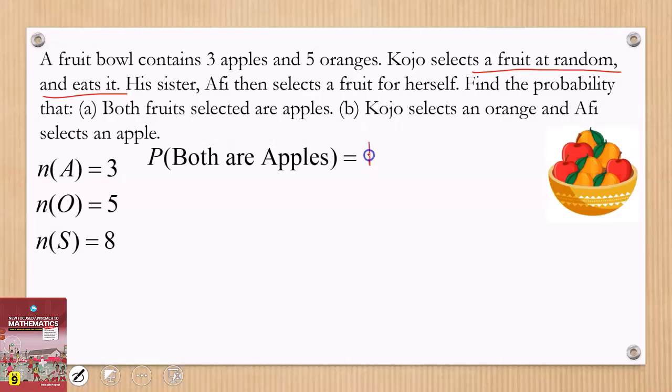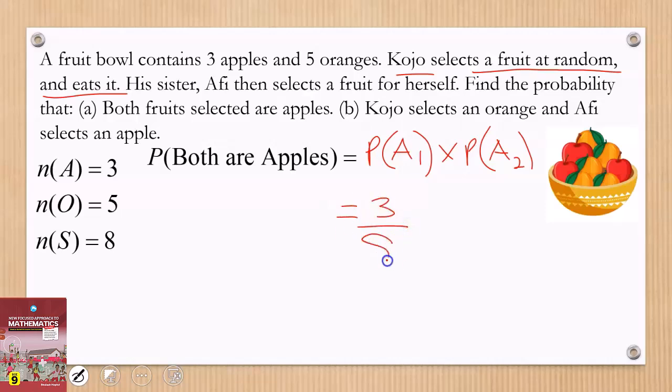That means the probability of picking the first to be apple, by Kojo, and the probability of picking the second, by Afi, to be apple as well. What is the probability of picking the first being apple? We have 3 apples in all divided by the total sample space, 8.